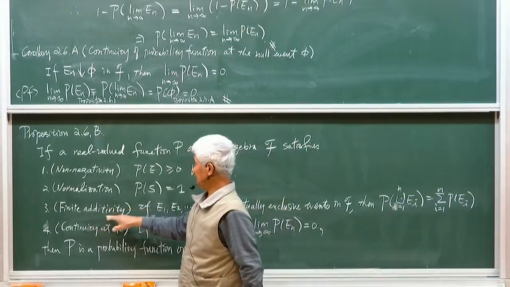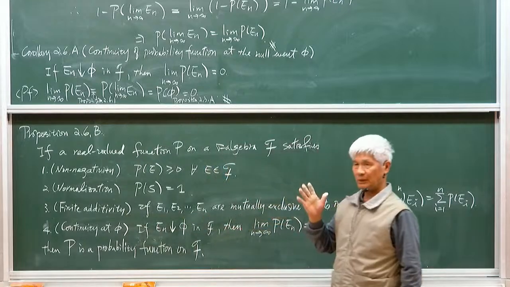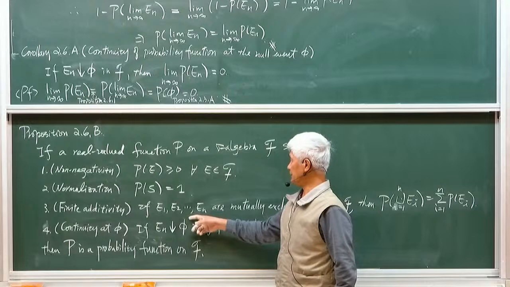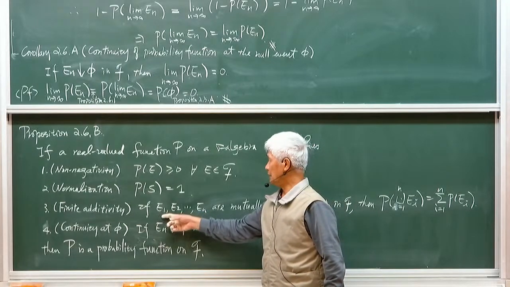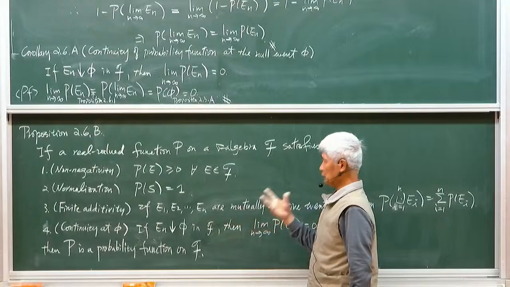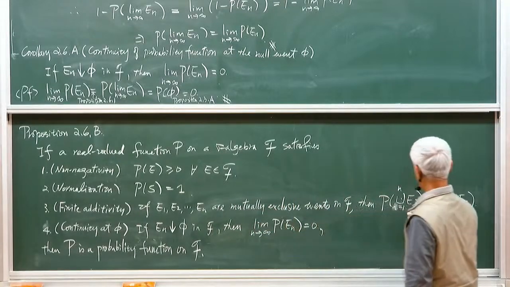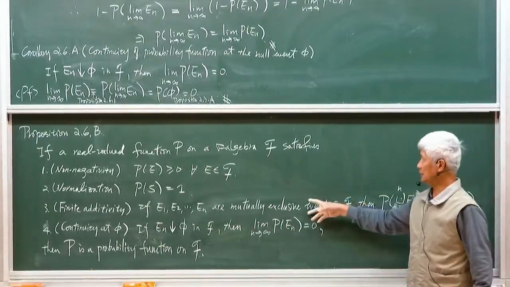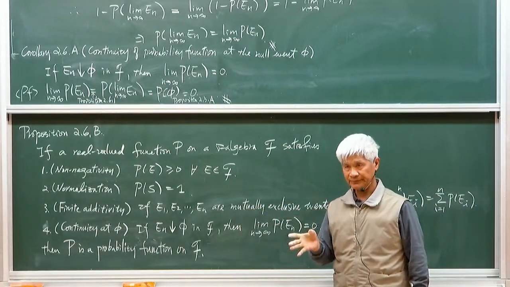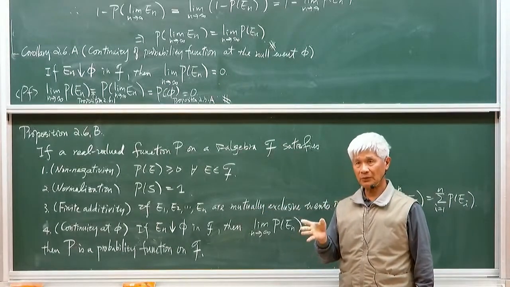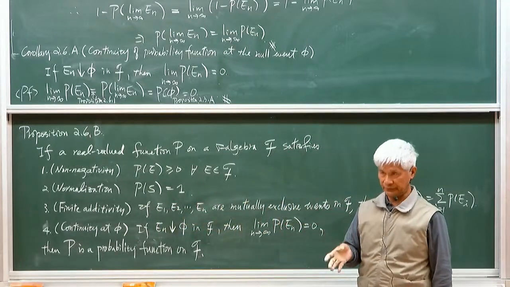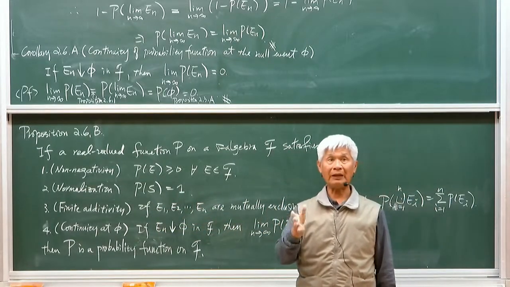But finite additivity is much easier to show, especially if you show it for n equal to 2 with mutually exclusive events satisfying the identity, then it's quite easy to extend to arbitrary n by induction. So in general, finite additivity is much easier to prove because you can do it just by induction.